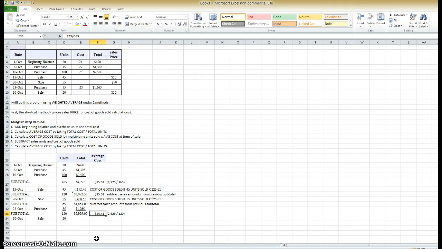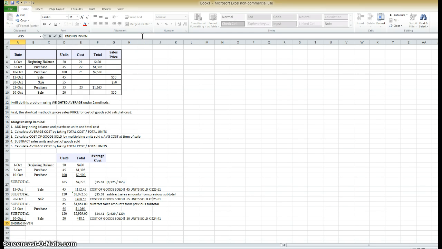We have one more sale. So we need to calculate our cost of goods sold again. This time we will be taking 20 units sold times our average cost of $24.41. So we have a cost of goods sold of $488.20.